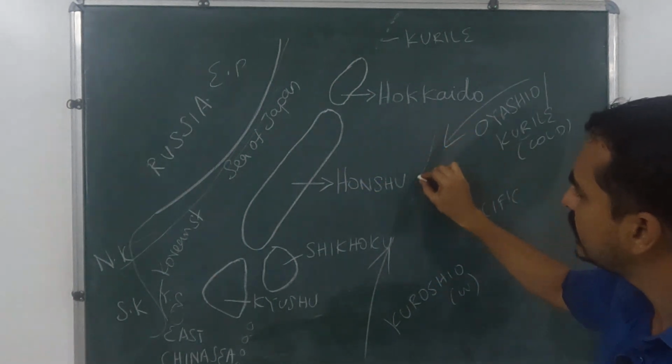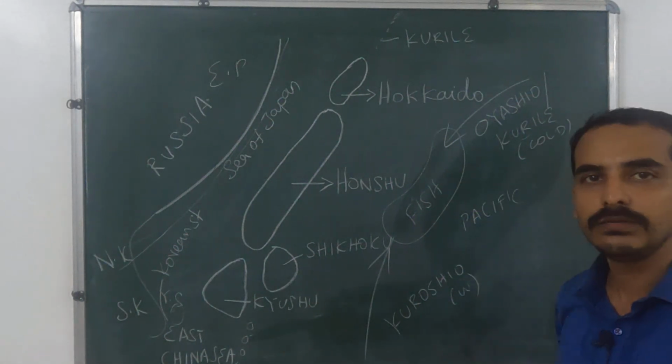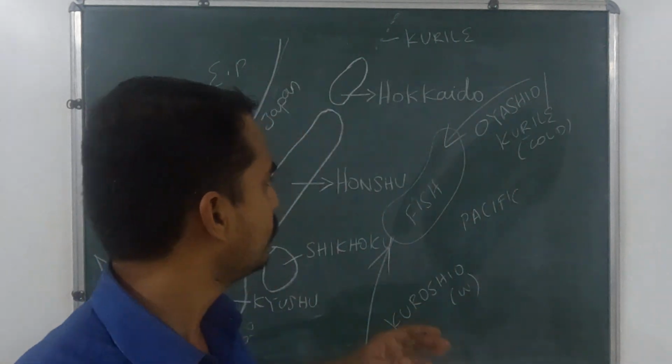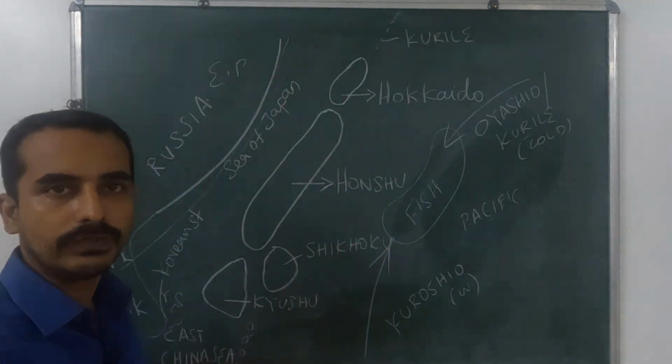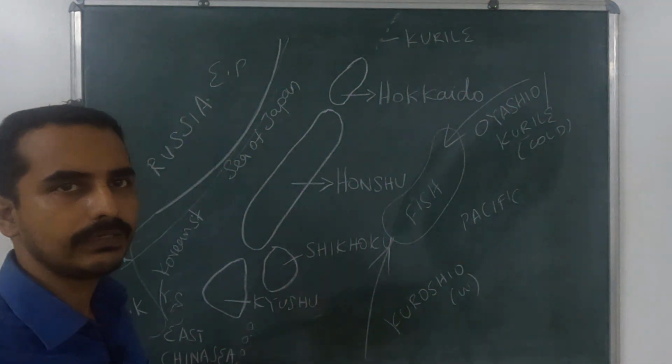That's why the region becomes rich in fish resources. So the sea in the eastern part of Japan is rich in fish resources. So these are the important physical features.